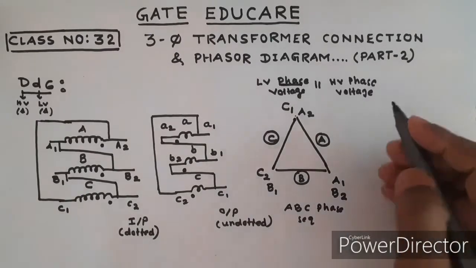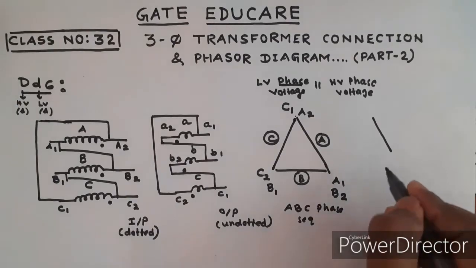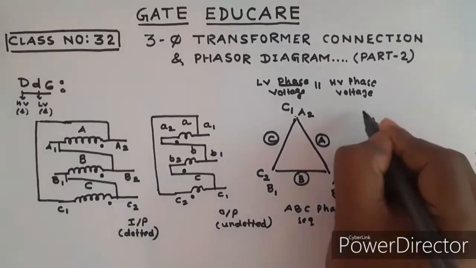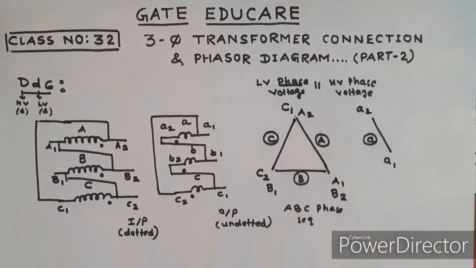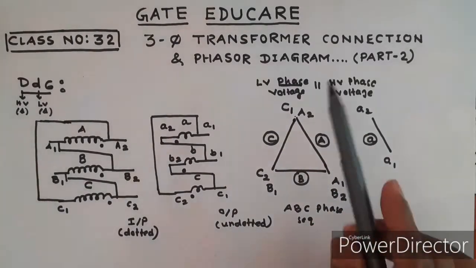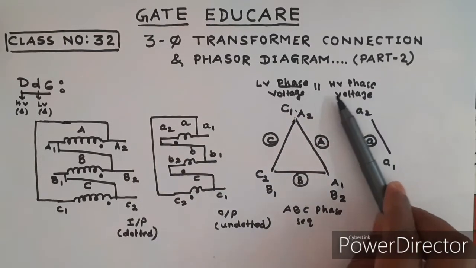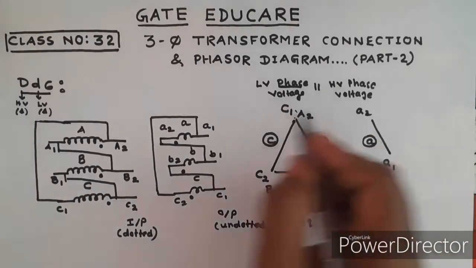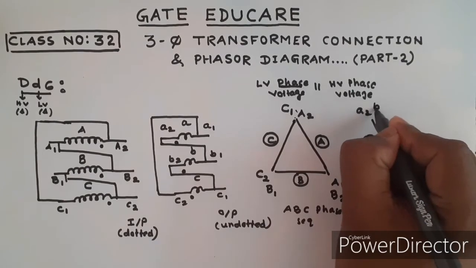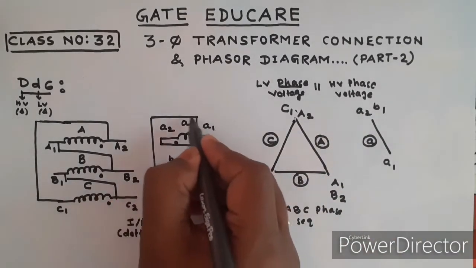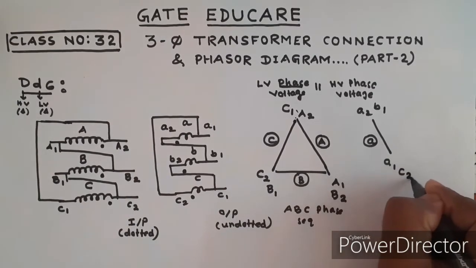This is a1, a2, this is the phase A. Since it is exactly parallel, this will be parallel to this. Here a2 is connected to b1 and a1 is connected to c2.